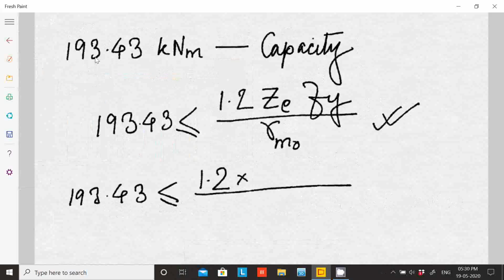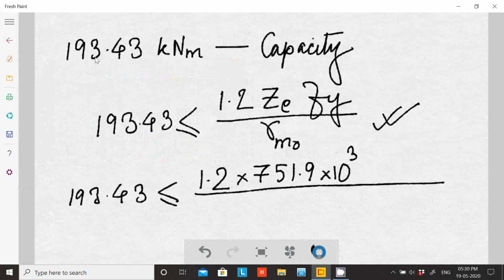Elastic section modulus Ze for ISLB 350, you will get it from the IS code, is 751.9 into 10 cube mm cube, into 250 divided by 1.1, and you keep it in kilonewton.